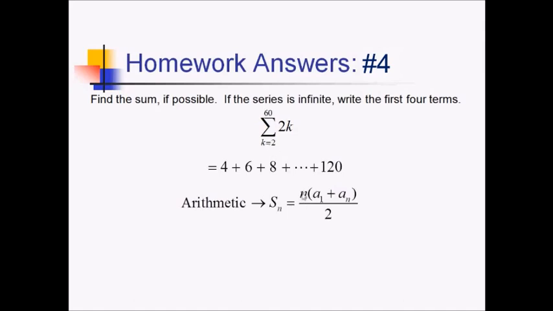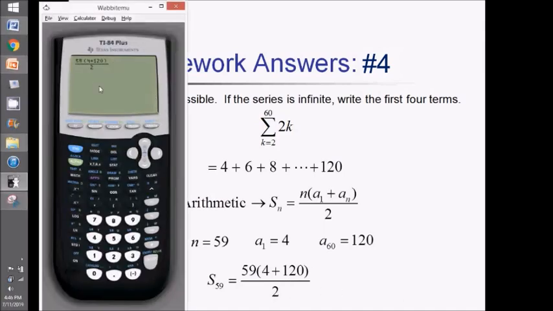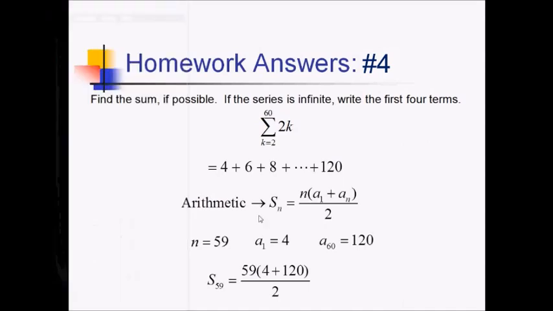So 59 for n. a1 was this first term of 4. an was this last term of 120. So plugging all of that in, 59 times 4 plus 120 over 2. Let's use the calculator for that. And if I plug that in, it comes out to 3,658.